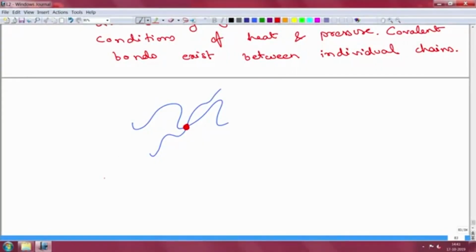Whereas, for the other case, maybe I should define it right now. So, the other case is the thermoplastics.